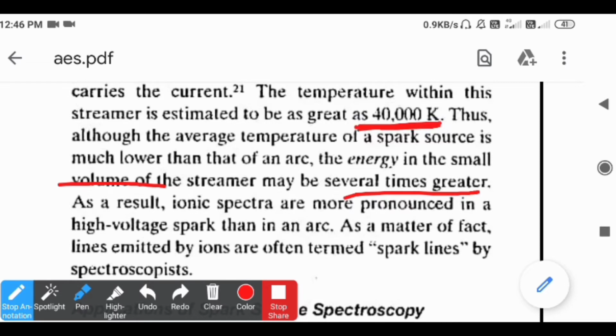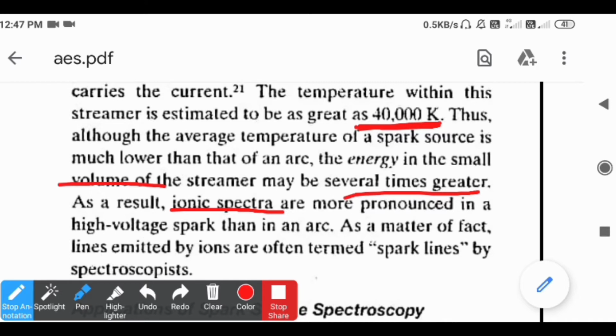But if we consider the average temperature of the technique, then the average temperature is lower for spark sources. As a result we get sharp spectra for the ionic species, and in arc spectroscopy we get sharp or intense bands for the neutral species. That is the difference between arc and spark sources.